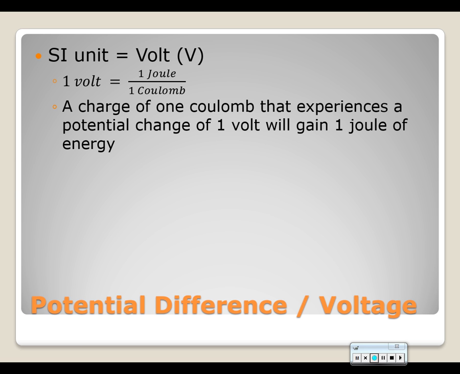I don't expect you necessarily to understand that or know that, but joule is our unit for what? Energy. Coulomb is our unit for charge. So we're talking about energy per charge, or how much energy does each one have. And that's how we measure the voltage. Good?